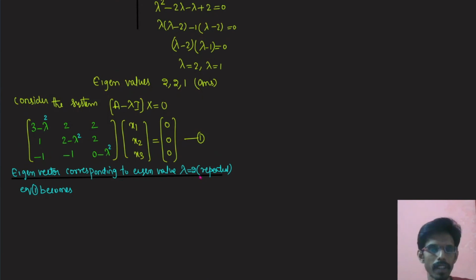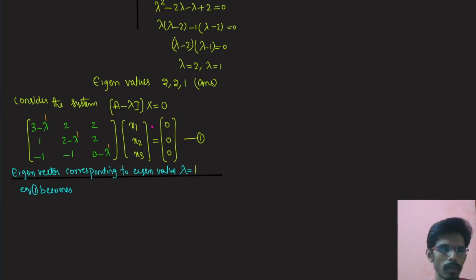Find the eigenvector corresponding to lambda equal to 1 here. For lambda equal to 1, the equation will now become: replace lambda by 1. So in place of lambda put 1, 1, 1.